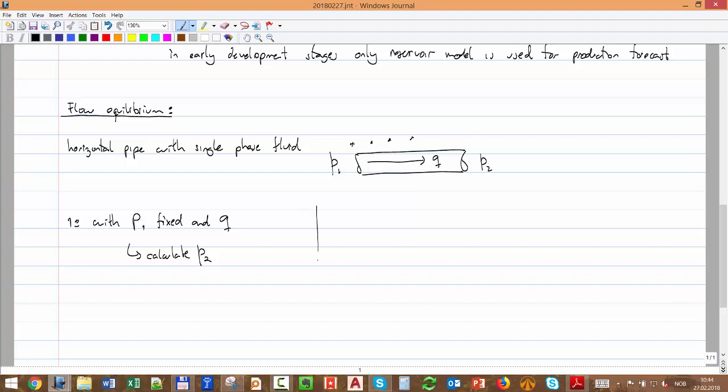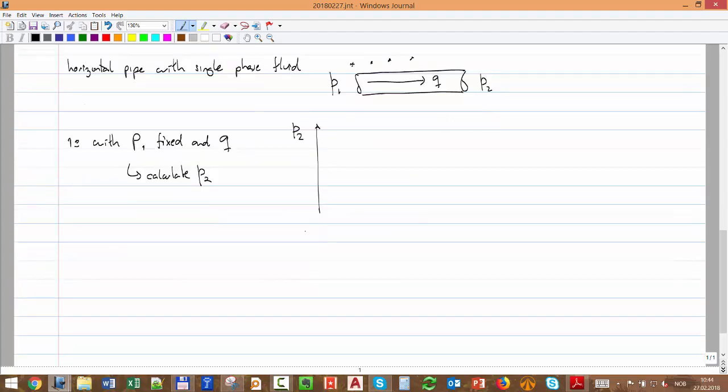So I want to ask you now how that curve is going to look like. First, we're going to baptize that P2 versus Q. Okay, we're going to baptize that the available pressure at the pipe outlet.